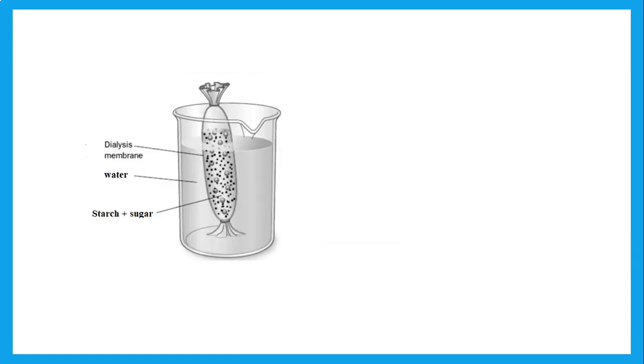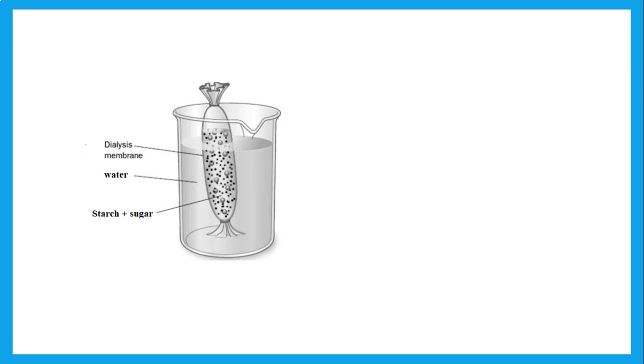Again, if he says he has a dialysis membrane, a dialysis membrane is a kind of semi-permeable membrane. Now, what do I have? Inside this dialysis membrane, I have two types of molecules. I have starch and sugar. And you should know that starch are large molecules.